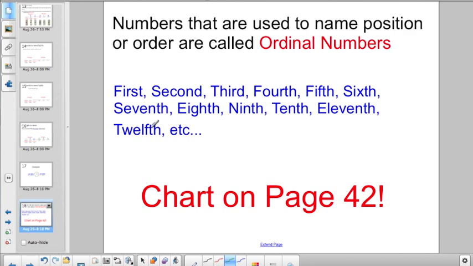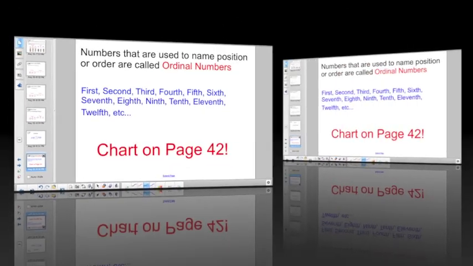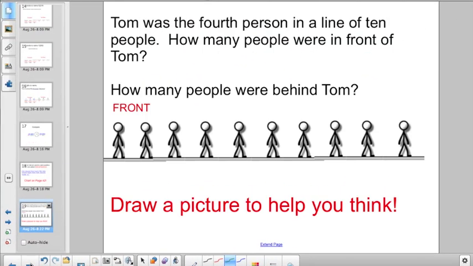Kids are usually pretty good about knowing who comes in first, who came in third. So they just don't usually know this terminology that they're called ordinal numbers because they show the order of the numbers.